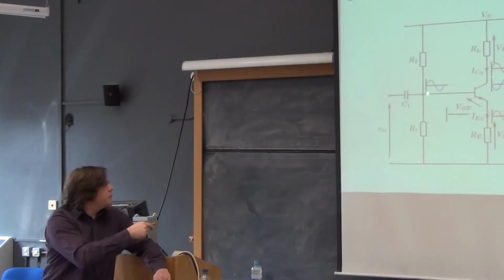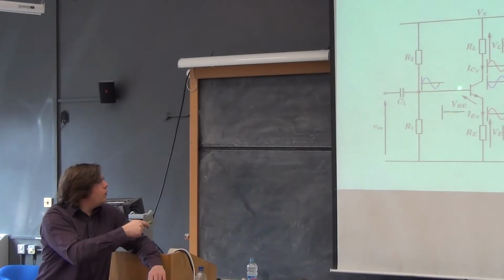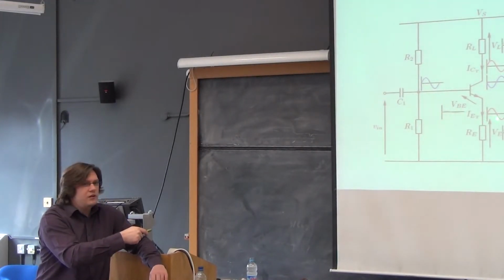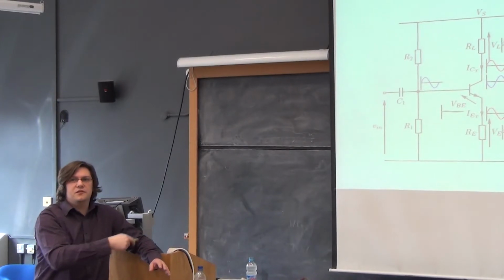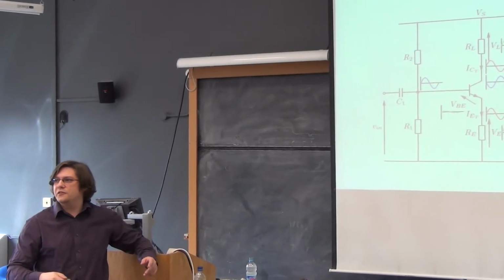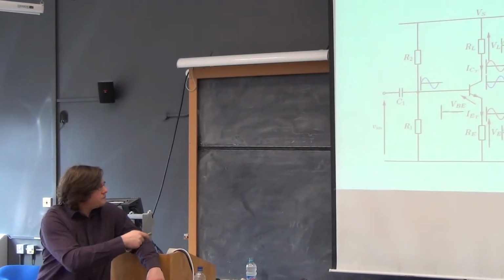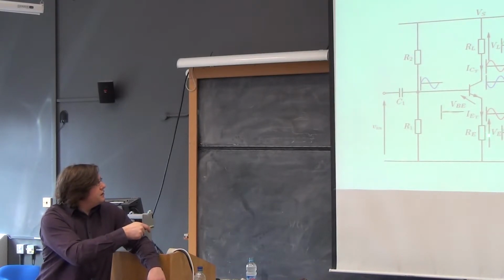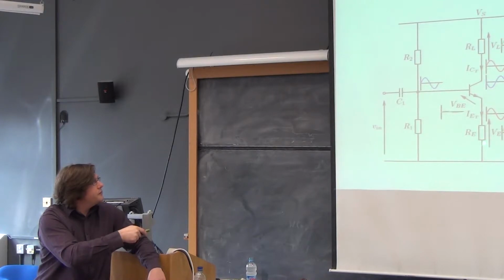So this is the signal we're putting in, and while there is no collector current flowing, which isn't really true, but we have to suspend our disbelief for a bit, otherwise we'll end up in a loop. While there is no collector current flowing, all of this voltage turns up across VBE because VE is 0. And this voltage causes the transistor to be slightly turned on and slightly turned off and so on.